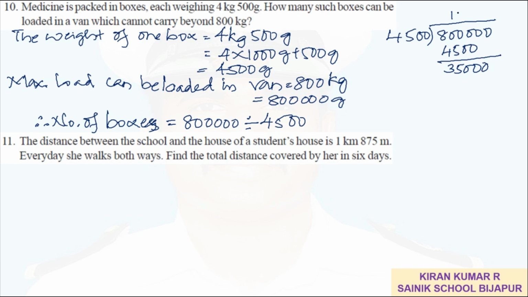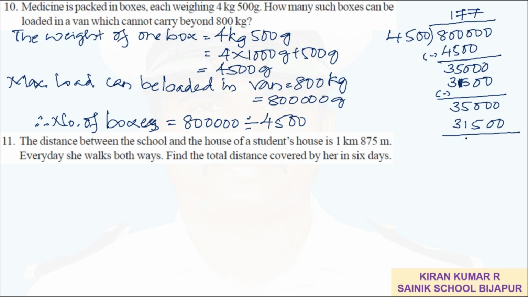7 times is 31500. Subtract. You will be getting 35000 once again. 7 times is 31500.